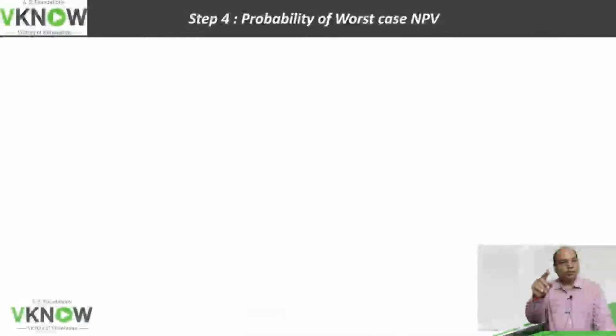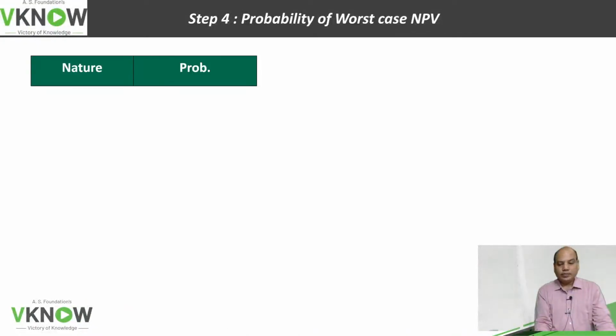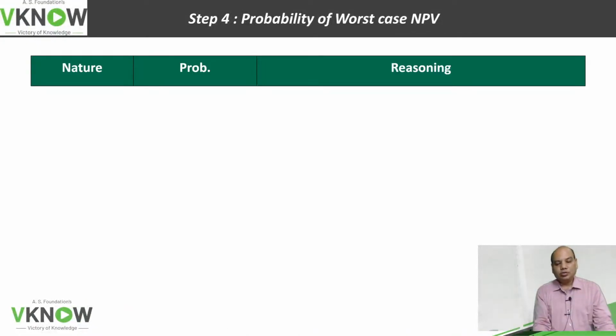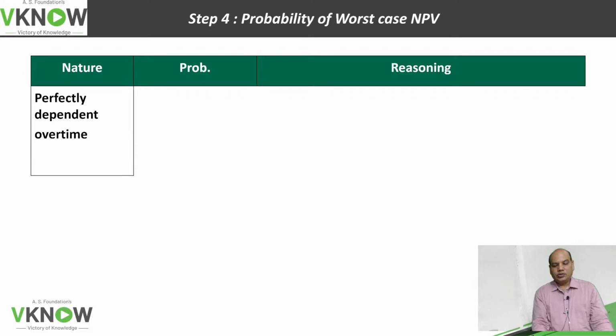So write down probability of worst case NPV. 3 columns we will draw. First column nature, second column probability, third column reasoning. Under nature write down perfectly dependent over time.